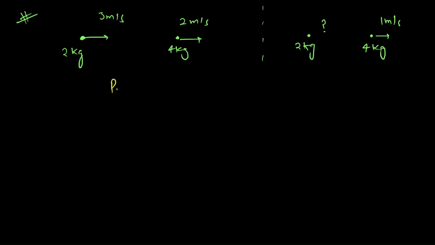So it's 6 plus 8. And P final would be 2V plus 4. Okay, all right. What next? So 2V plus 4 is equal to 14. 2V is equal to 10. V is equal to 5.